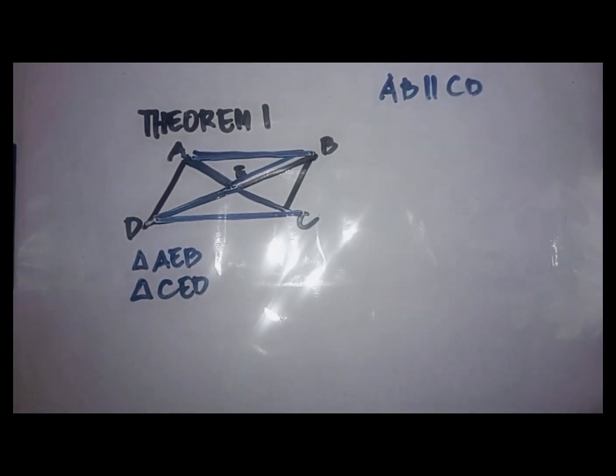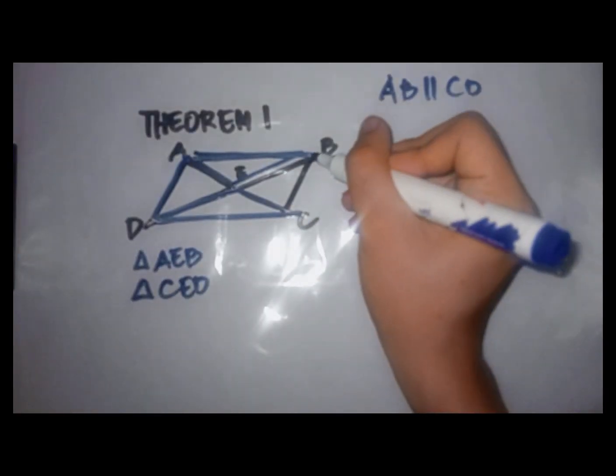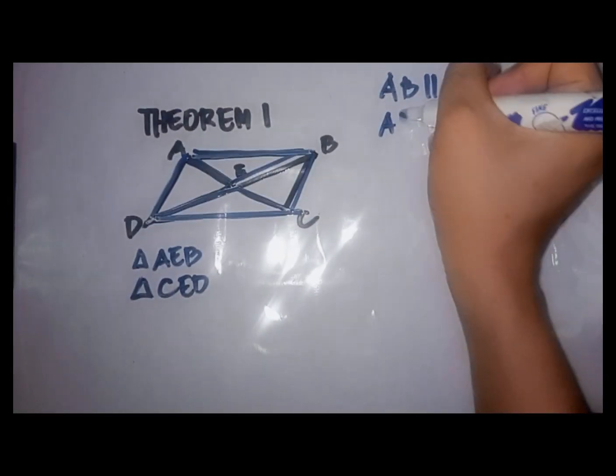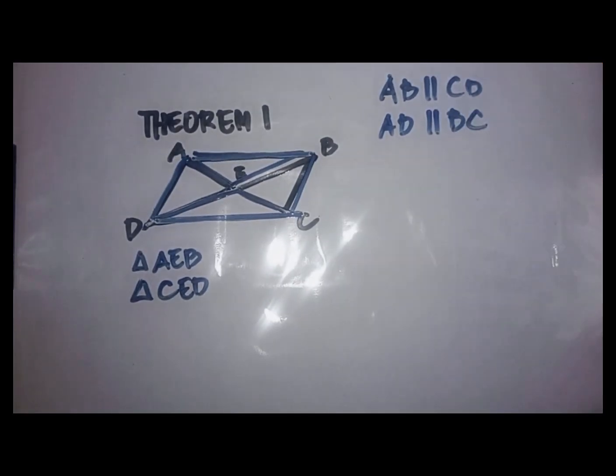Okay, very good. Now, line AD is parallel to line BC, by definition of a parallelogram.